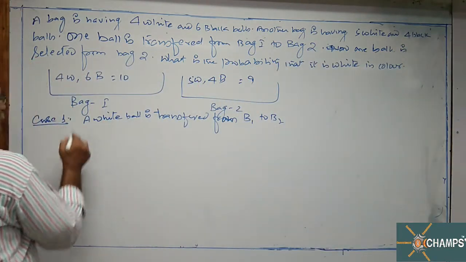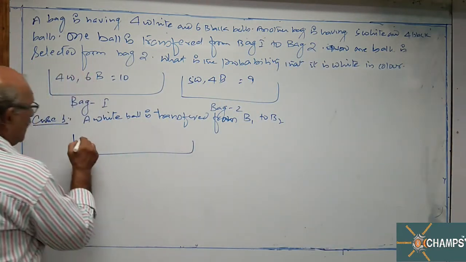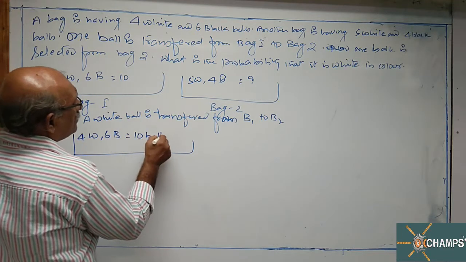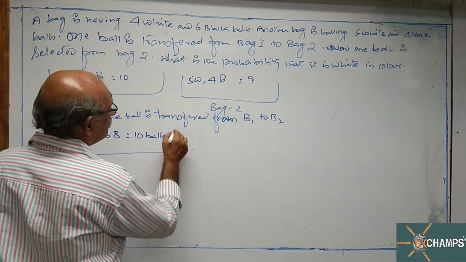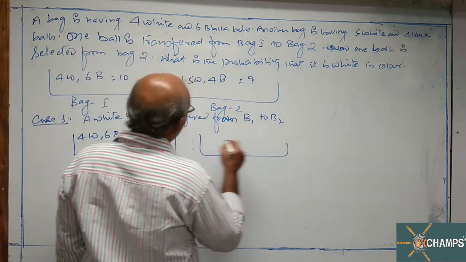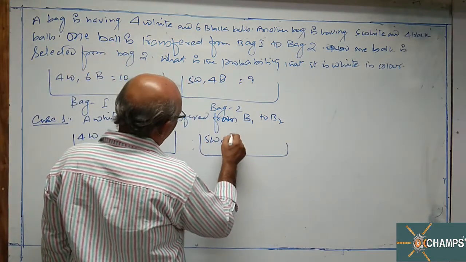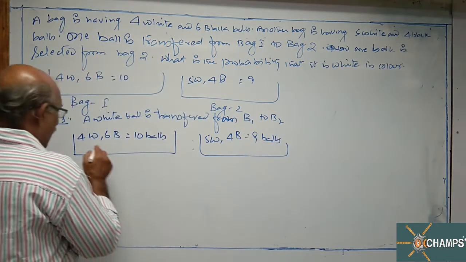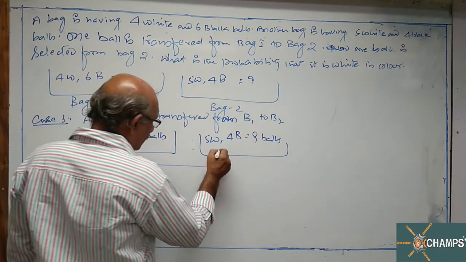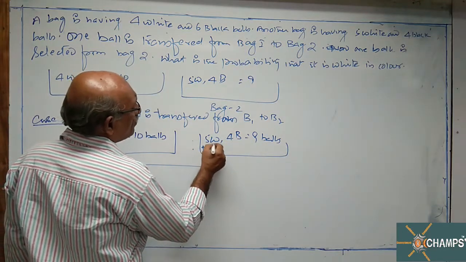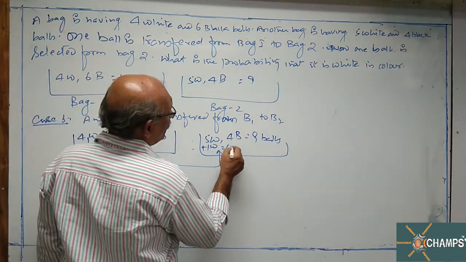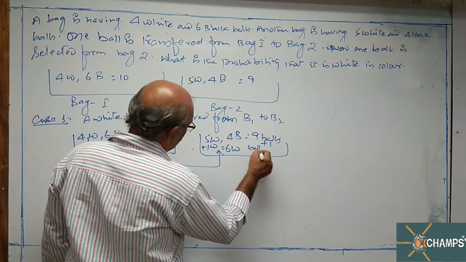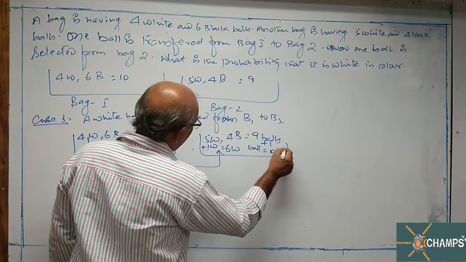Now look at this. 4 white balls and 6 black balls, total 10 balls are there. Now bag number 2: 5 white balls and 4 black balls, 9 balls are there. You are transferring a white ball from this bag to this. So plus 1 white. Now there are 6 white balls it is having, plus 1 ball. Total 10 balls this bag is having.